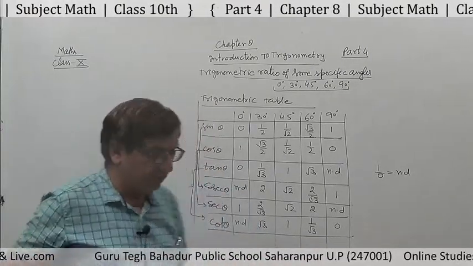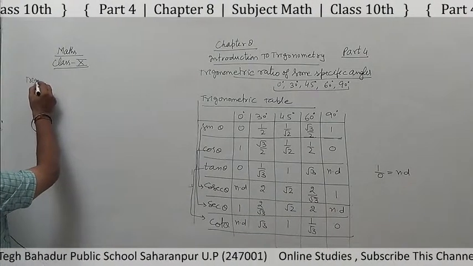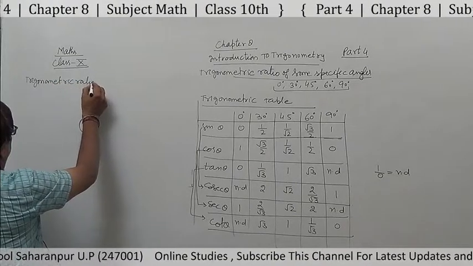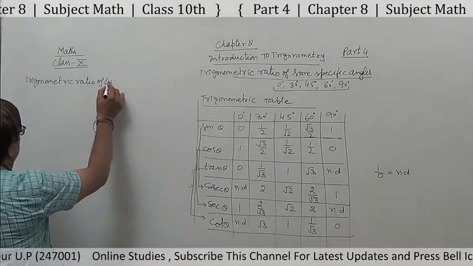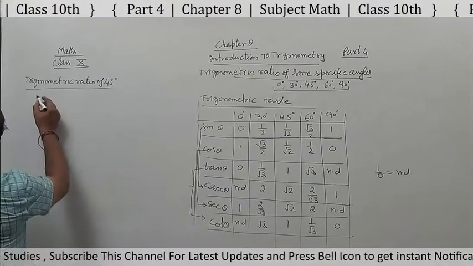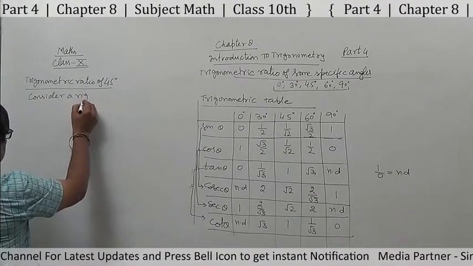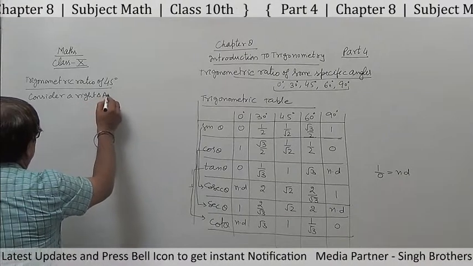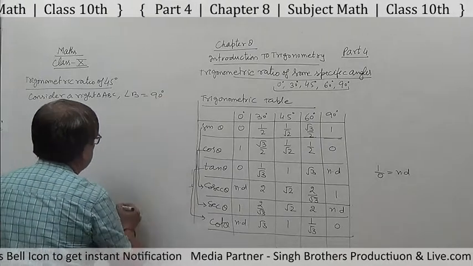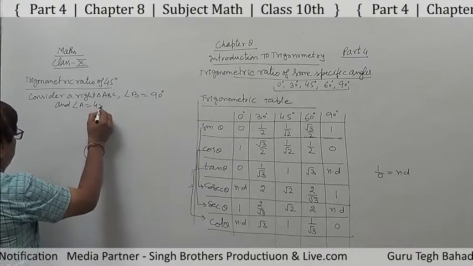Trigonometric ratio of 45 degree. Consider a right triangle ABC, angle B is equal to 90 degree and angle A is equal to 45 degree.